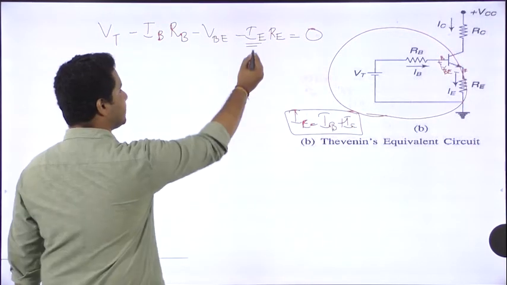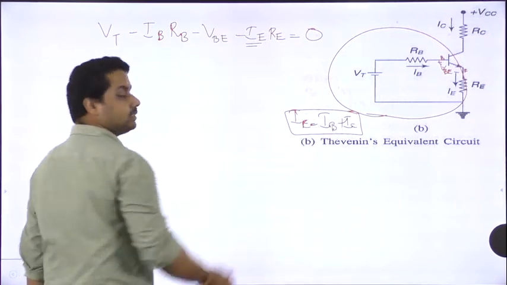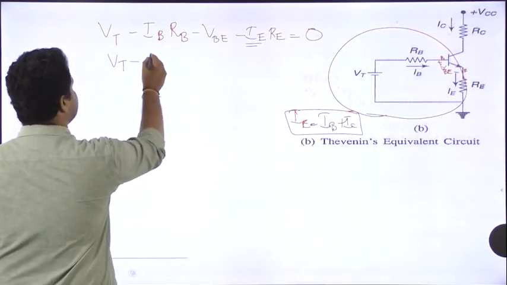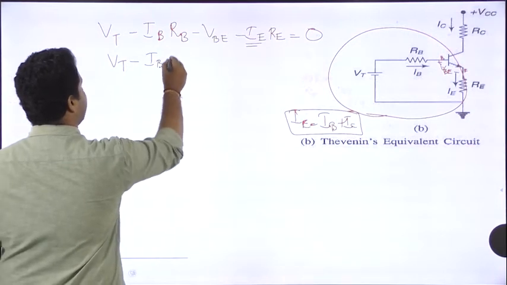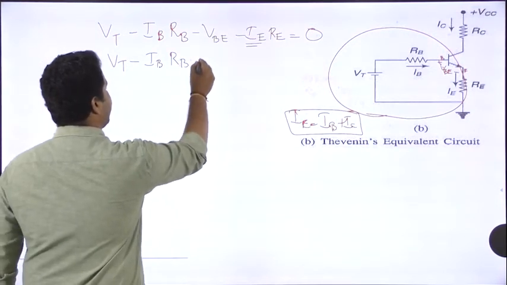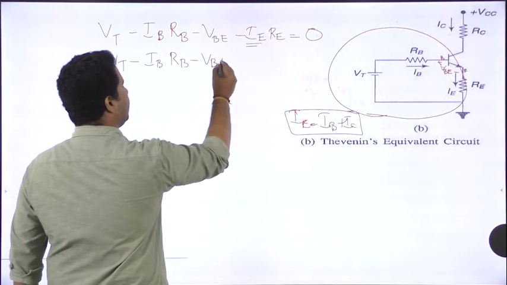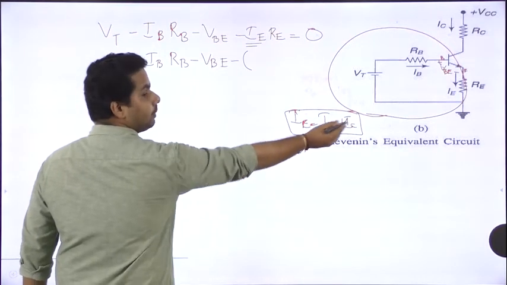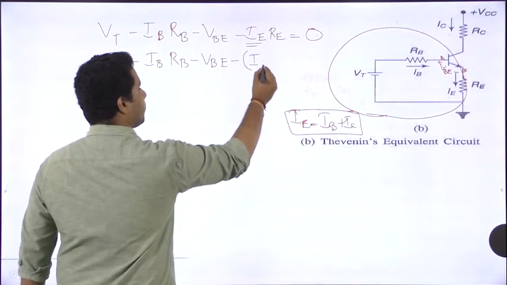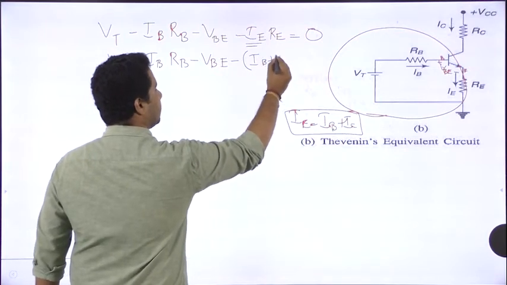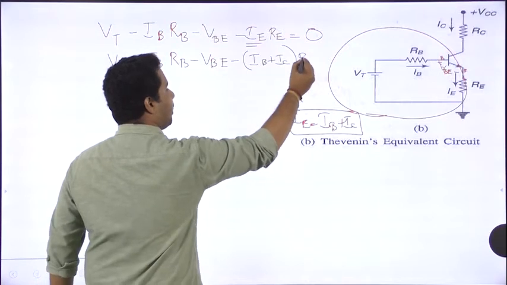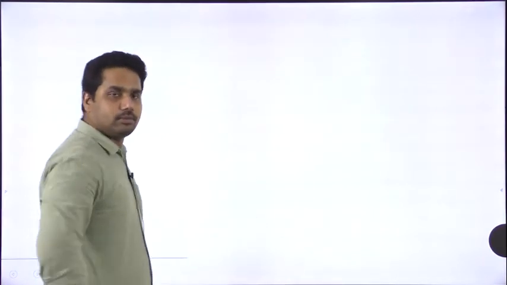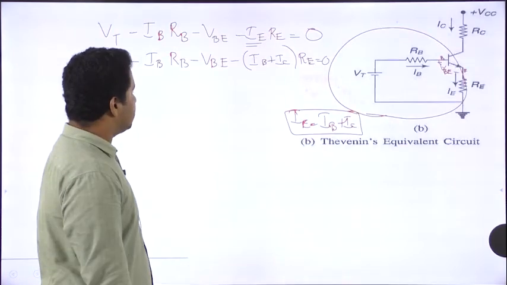So I will replace this IE with IB plus IC. So next step: VT minus IB RB minus VBE minus, IE is replaced with IB plus IC, into RE is equal to 0. Okay, it's a very simple substitution.